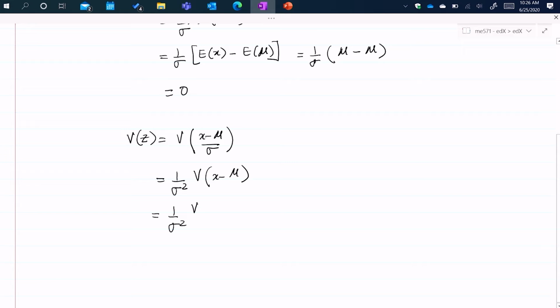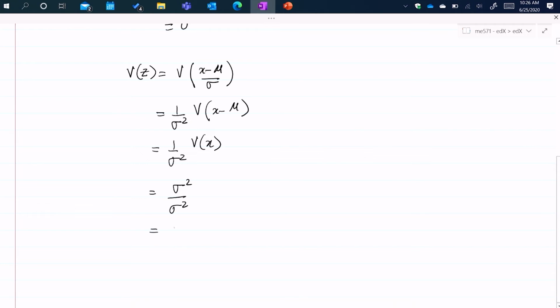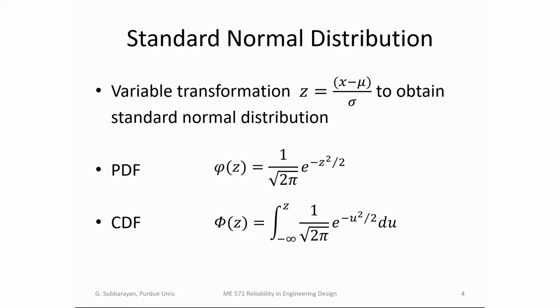So this is equal to the variance of x, which is sigma squared. So that's sigma squared over sigma squared, and that's equal to 1. So in other words, the standard deviation is 1 and the mean is 0 for the standard normal variable. That's the reason why the sigma term went away in the PDF of the standard normal distribution.